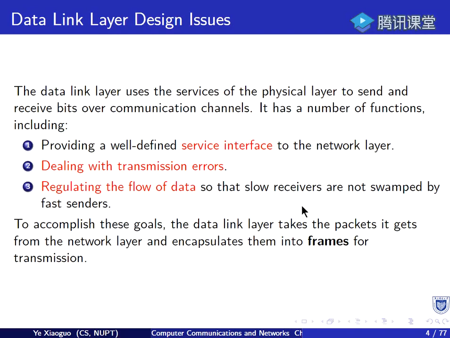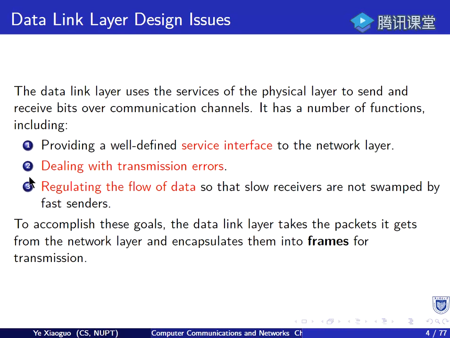The data link layer uses the services of the physical layer to send and receive bits over communication channels. It has a number of functions, including the following points. Function 1 is providing a well-defined service interface to the network layer. Function 2 is to deal with transmission errors.